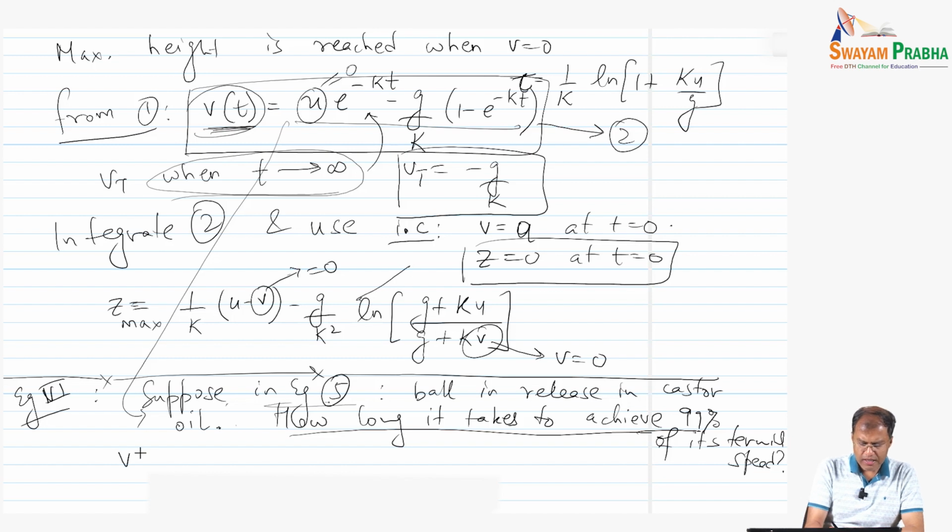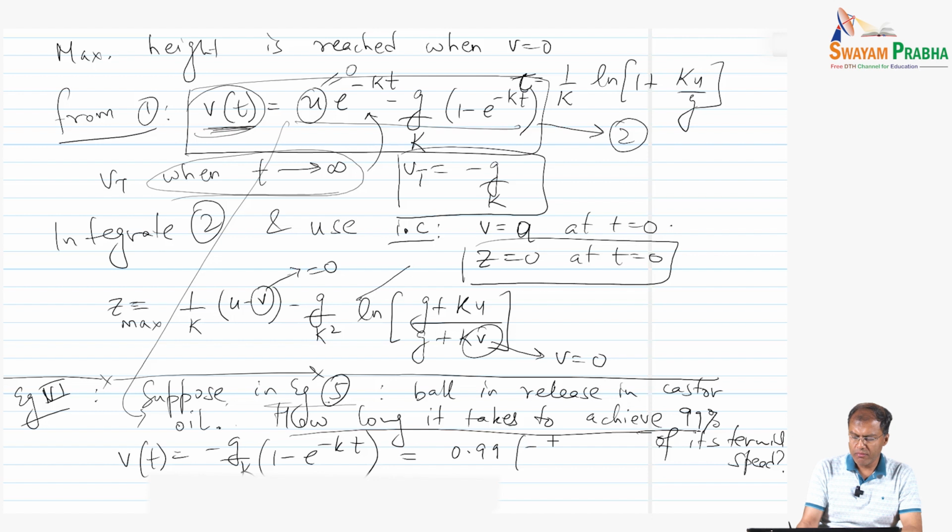Then we get that v of t comes out to be minus g over k times 1 minus e to the power minus kt, and from here we have to find when this is equal to 0.99 times minus g over k, 0.99 times its terminal velocity.